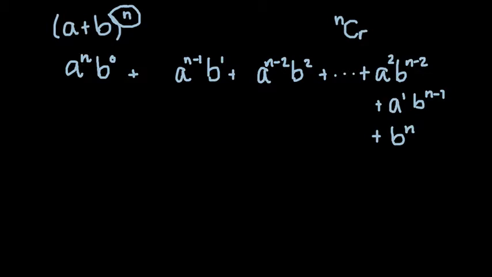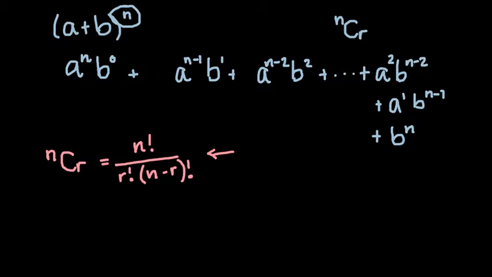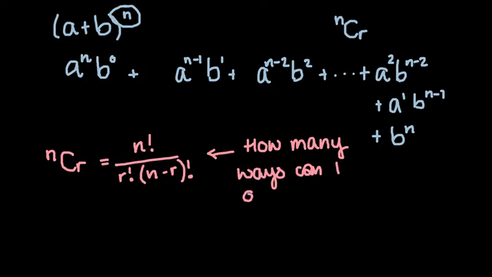So Pascal's triangle can be generated by the combinations formula, nCr, which is in your formula book as n factorial over r factorial times n minus r factorial. And this basically says the same thing as us asking, how many ways can I organise or pick, and then you insert the information.